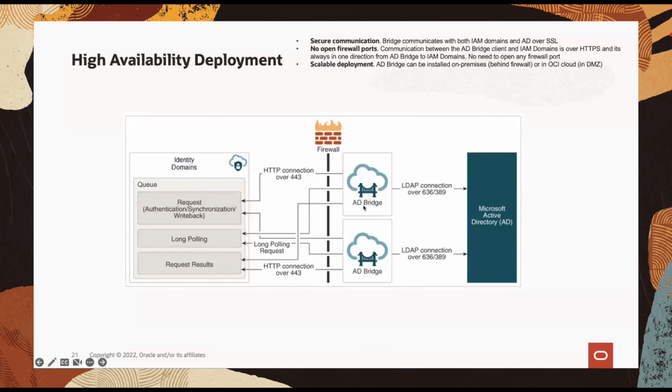You can configure 2 bridges, or even more than 1 bridge, according to the number of users you're trying to sync, or the number of users who are trying to log into your applications or to the IAM using the AD credentials. With the help of this, you will configure a high availability feature. So when any one of the bridges goes down, you always have another bridge up and running to log on to the OCI IAM.